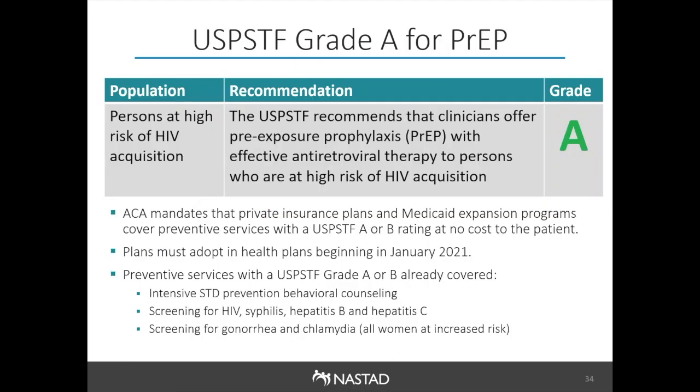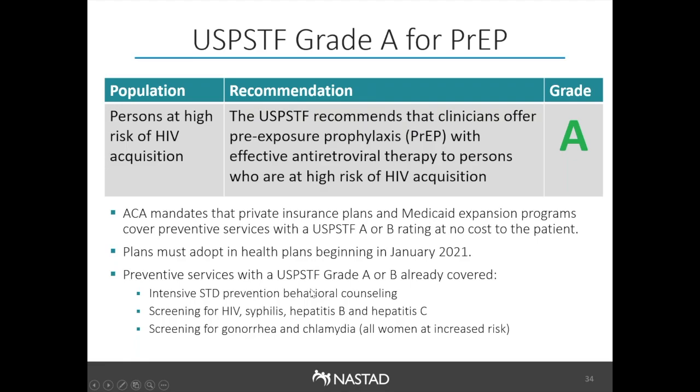A number of services related to PrEP should be available as a preventive service at no cost to the patient. As we just mentioned, the ACA mandates that private insurance plans and Medicaid expansion programs cover preventive services that have grade A or B from the US Preventive Services Task Force, and these are covered at no cost to the patient.